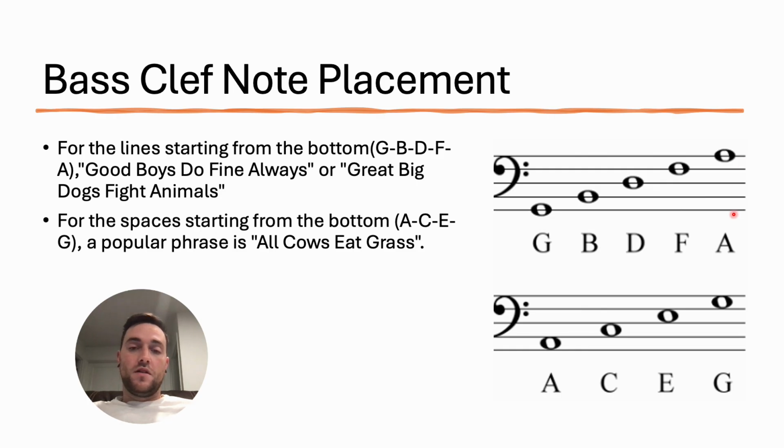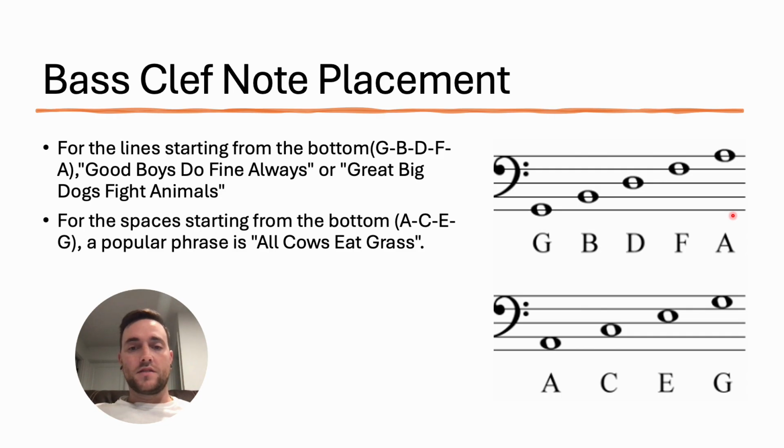Pretty simple. So you can just sit there and count the lines and go G, A, B, C, D, E, F, G, A, B, C, D, E, F, G, but that takes a lot of time. So if you can just start here in between this standard 5 lines and get it down pat to where all cows eat grass on the bass clef, you just see it in the hole there, and you just nail it quickly.